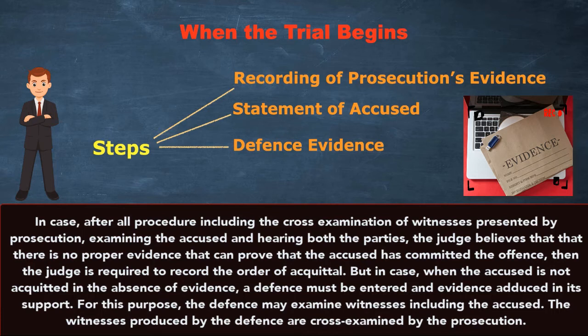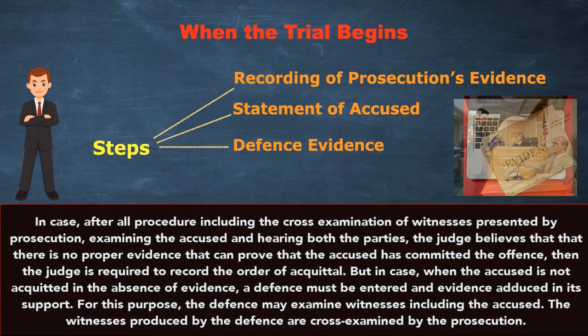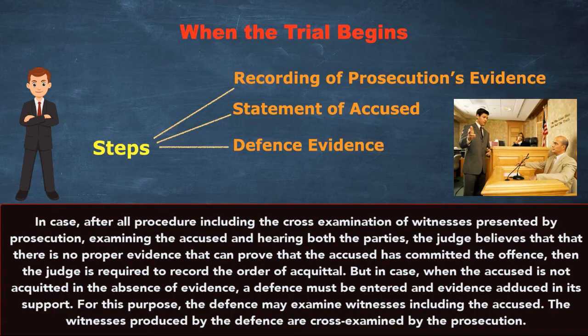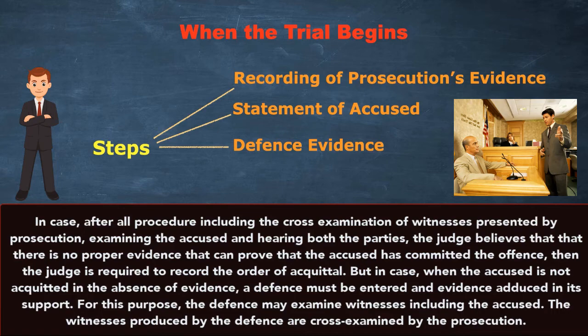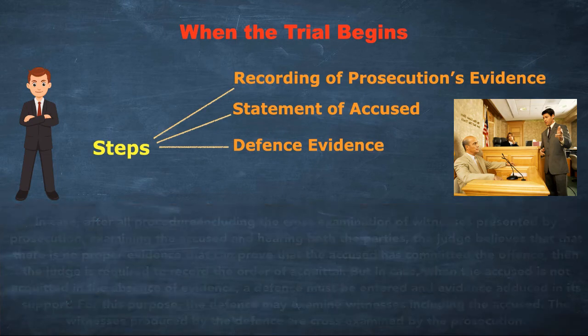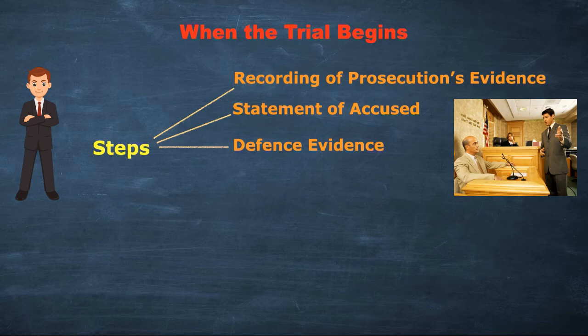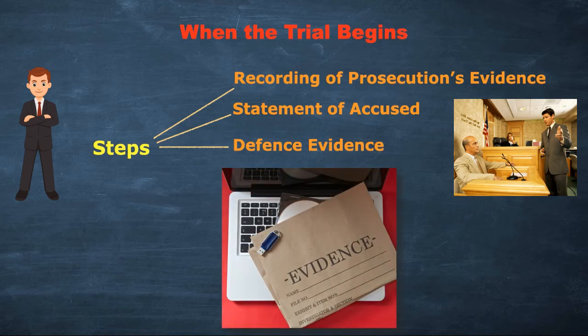The witnesses produced by the defense are cross-examined by the prosecution. So it is vice versa. The defense has the right to cross-examine the witnesses produced by the prosecution, and the prosecution has the right to cross-examine the witnesses produced by the defense.